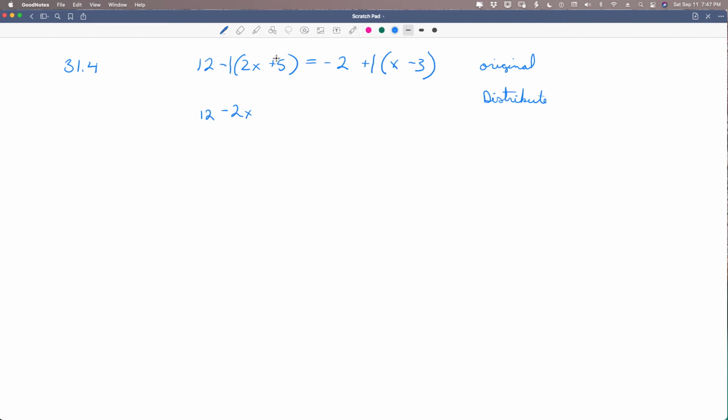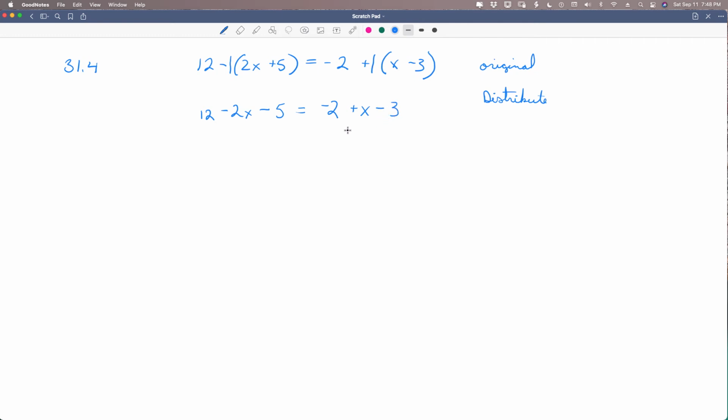Negative 1 times positive 5 makes a negative 5. Negative 2, bring it down. Positive 1 times x equals a positive x. And you could put a 1 there if you want to, but we know there's a 1. It's assumed. Positive 1 times negative 3 remains a negative 3.